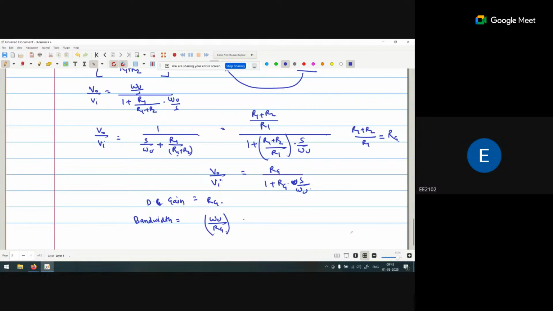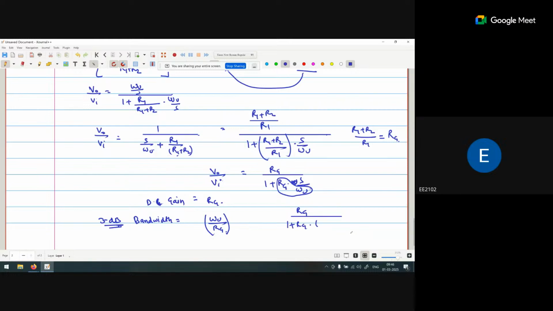If we are talking about the 3 dB bandwidth, when the 3 dB bandwidth appears, this term is equal to, this is the 3 dB bandwidth, omega U by RG.